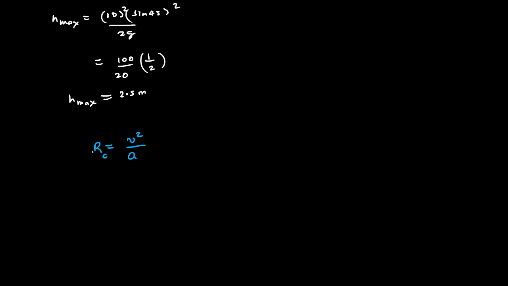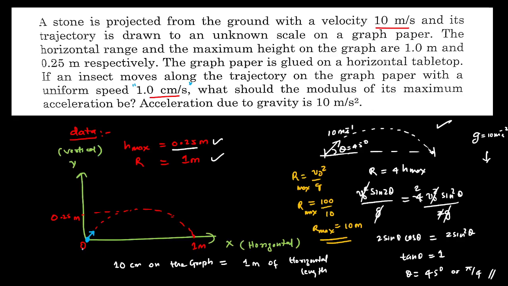Now, if we want maximum acceleration, if the insect is moving on this trajectory, it will have maximum acceleration wherever there is minimum radius of curvature. As we can see from this graph, wherever the radius of curvature is minimum, the acceleration is more.